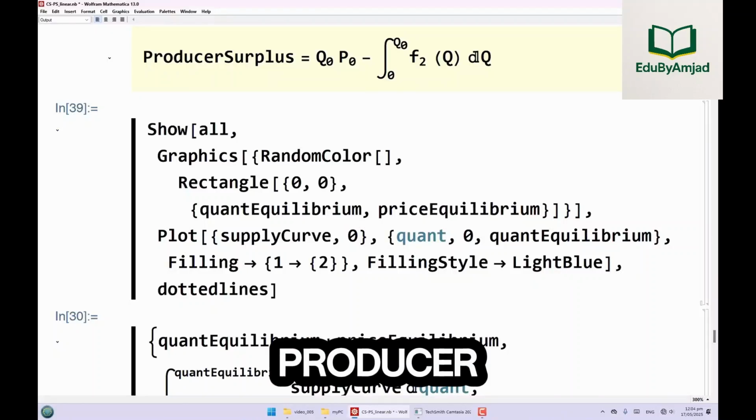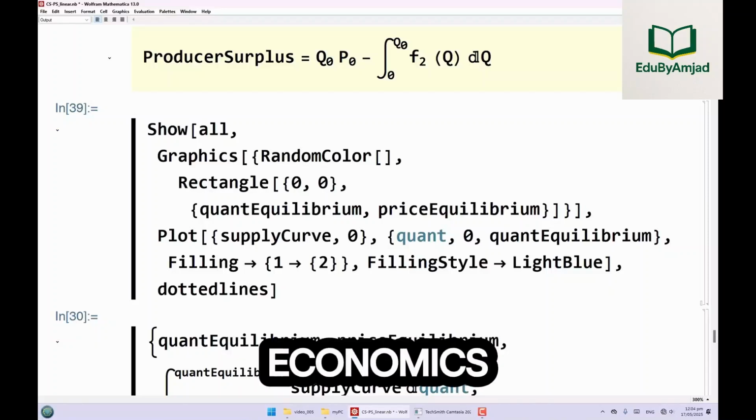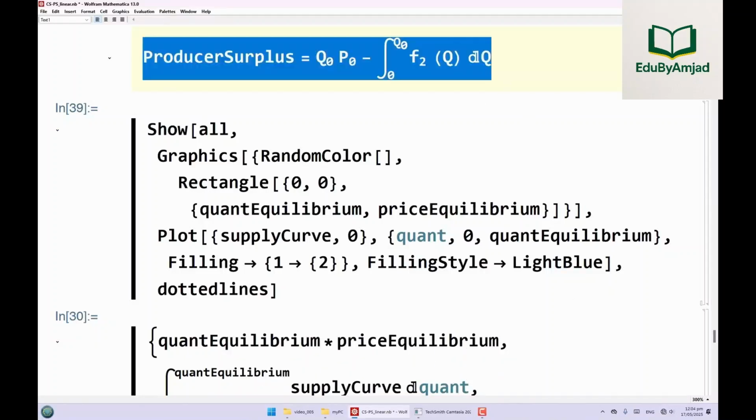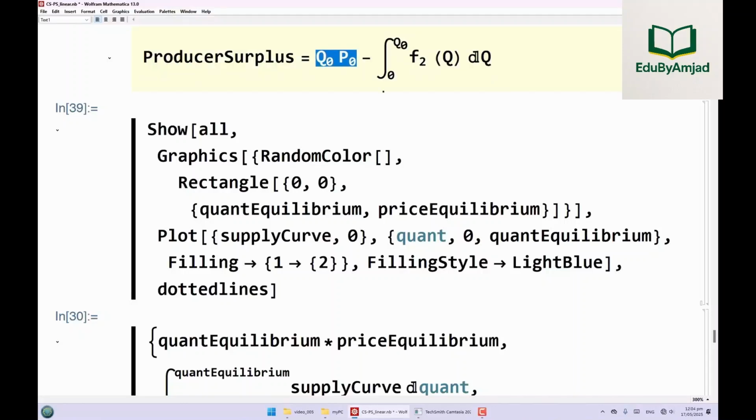Now, let's turn to producer surplus. Using calculus in mathematical economics, we show producer surplus as shown here. This is the rectangular area showing expenditure.